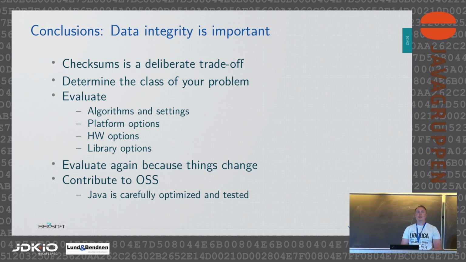And then, after some time, you will have to re-evaluate your choice because things change. Java is improved, libraries are improved, and platforms and hardware are also improved, of course, and you have to do it. So please keep your powder dry and check your checksums.